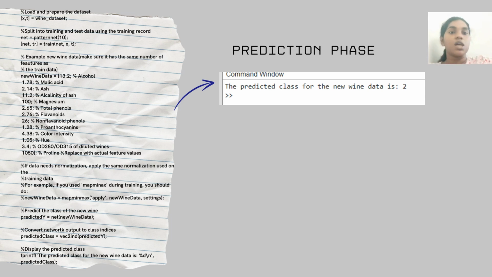Then we normalize the new data if the training data was normalized, and then we use the trained network to predict the class of the new data. Then it converts the network's output to a class index and displays the predicted class. Here in the command window it displays that the predicted class for the new wine dataset is type 2.